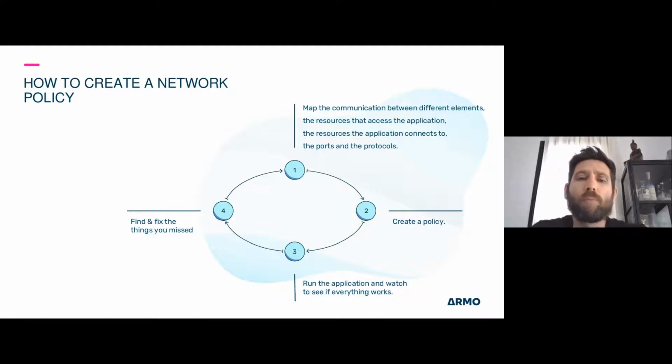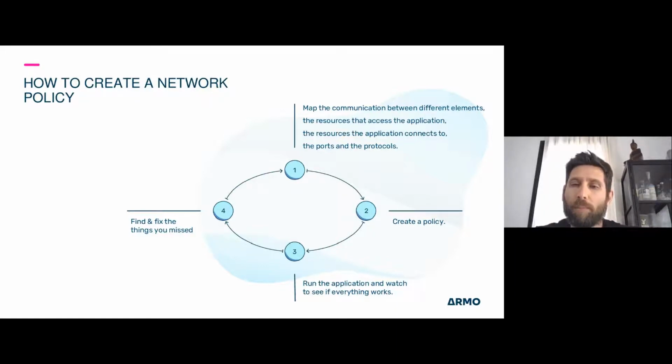So I'll try to describe the process of creating a policy as we did in the old days, as I showed you before. Let's try to see what the recipe is for creating a good network security policy. The first part is to map the communication patterns, to understand how the resources are talking with each other, what the ingress and egress requirements of each one are, what the ports are, what the protocols are.